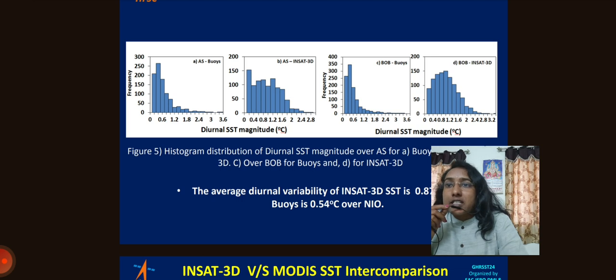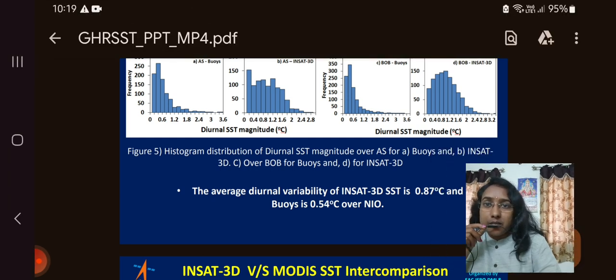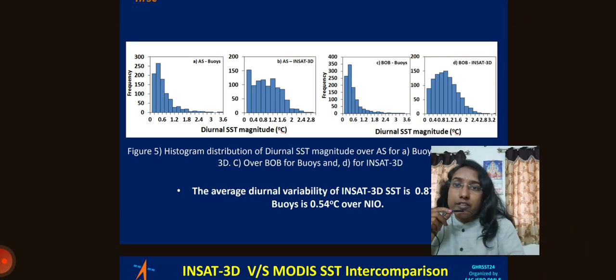In the Arabian Sea we have found 0.02 is the diurnal SST magnitude for buoys, whereas for the INSAT-3D SST the maximum number of pixels were showing 0.2 and again 1.2, whereas for the Bay of Bengal the buoy diurnal SST magnitude is peaking at around 4 degrees centigrade, whereas for the INSAT-3D SST it is 0.8 degrees centigrade.